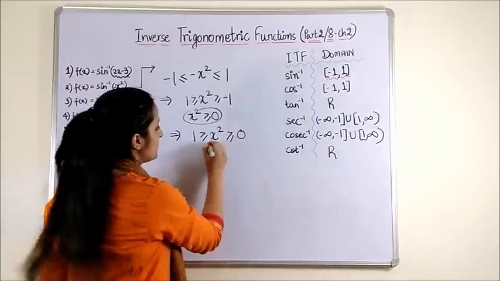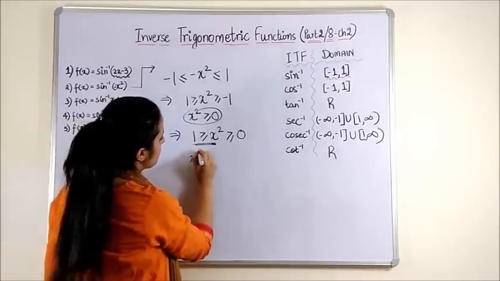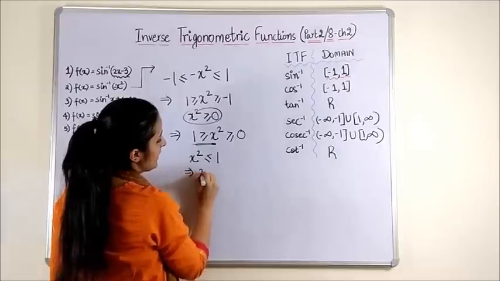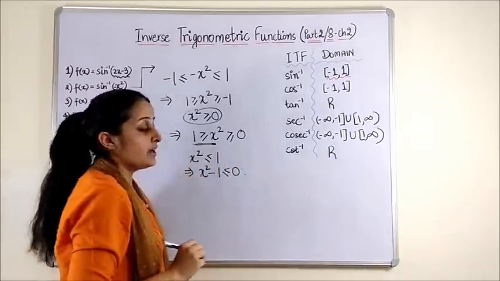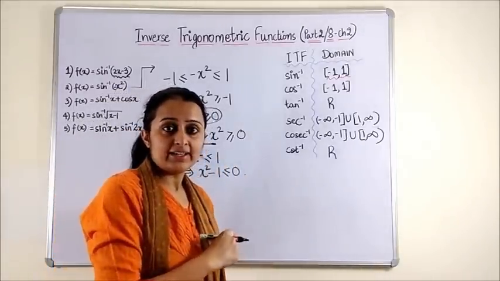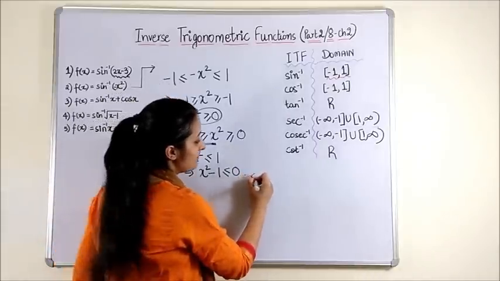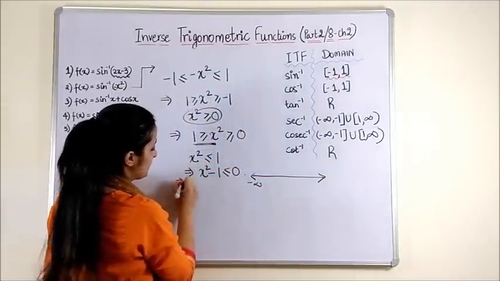Now focusing on this part of the question, we get x square is less than or equal to 1. This means x square minus 1 is less than or equal to 0. Now if you know how to directly deal with this, good. Else please make use of the number line method, where you plot the factors.